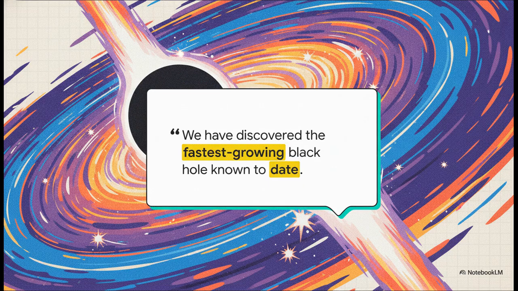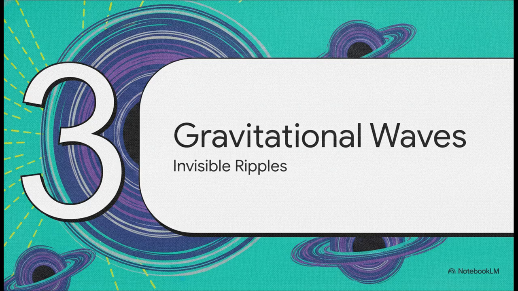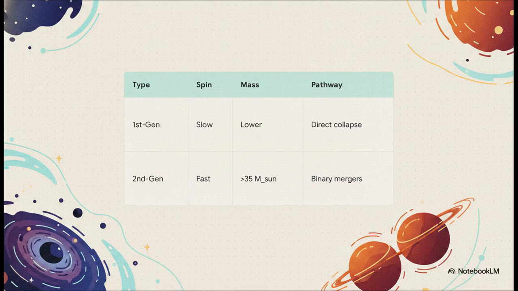in these accretion disks. All right, let's switch gears for Section 3, Gravitational Waves and Expansion. Leaving the electromagnetic spectrum entirely, we can look at the newly expanded LIGO-Virgo-KAGRA catalog, which now tracks over 160 collision events, and this data is revealing two very distinct populations of black holes. First, we have a population of smaller, slow-spinning black holes that almost certainly formed from direct stellar collapse.